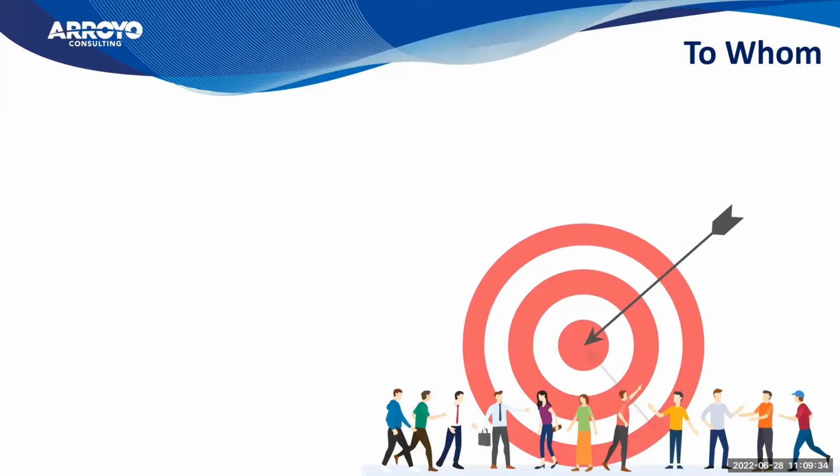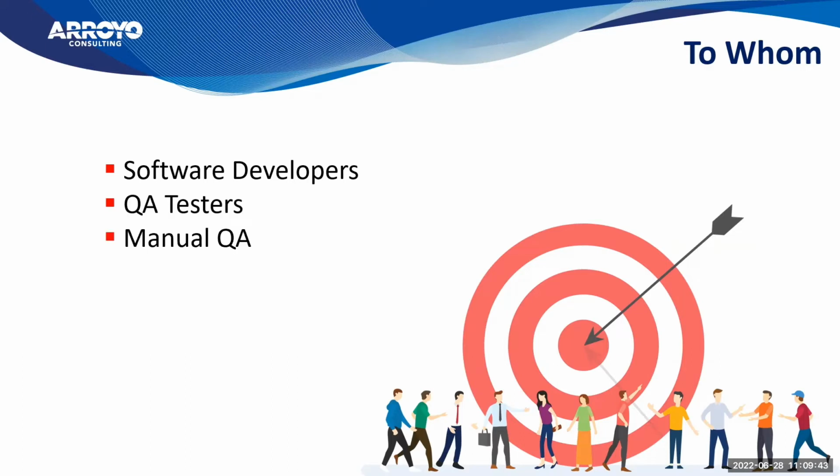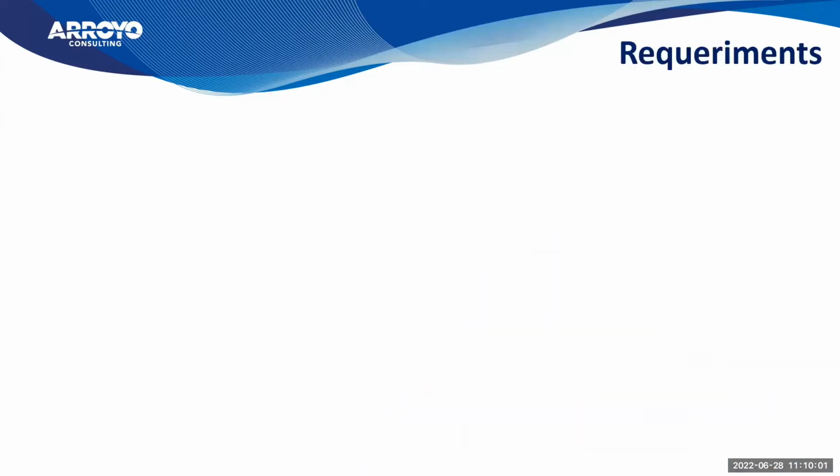Who is this course addressed to? First of all, software developers. Second, QA testers. And third, manual QA. So the idea is that if you want to automate something, you can do it. And technical leads. More, everybody that wants to join us and learn and help us with automation is welcome in here.